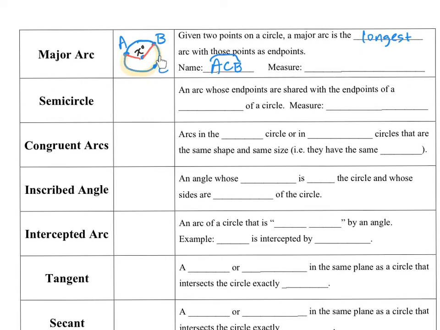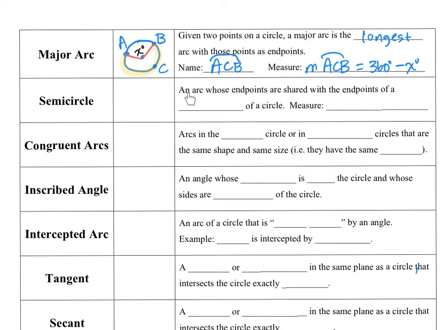So to find the measure of this yellow major arc, we would take 360 degrees and subtract the measure of the associated minor arc, which is the same as the measure of its central angle. So we would write it like this: the measure of arc ACB, or BCA, is equal to 360 degrees minus the measure of that central angle.